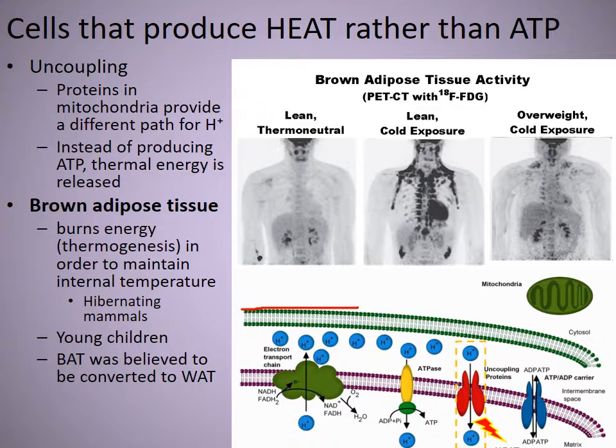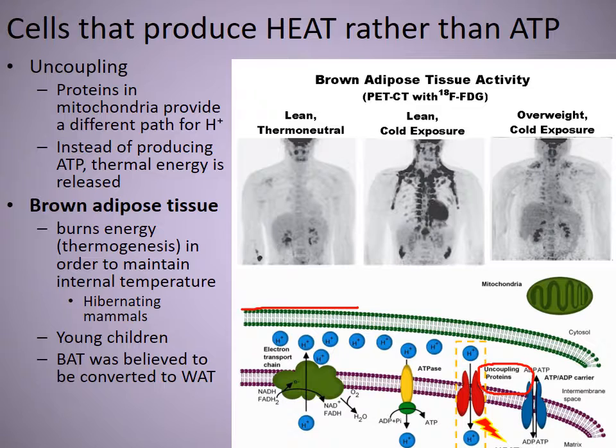The proton gradient that's produced between the outer membrane and the inner membrane of the mitochondria, instead of going to the ATP synthase, will actually use what's known as an uncoupling protein. This uncoupling protein will produce heat rather than ATP.